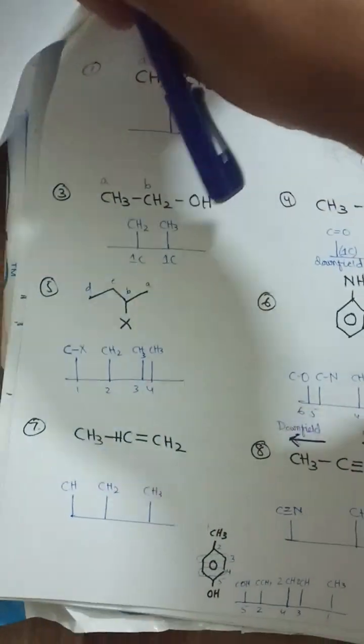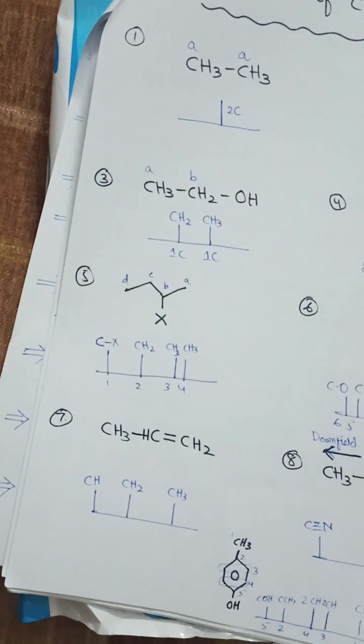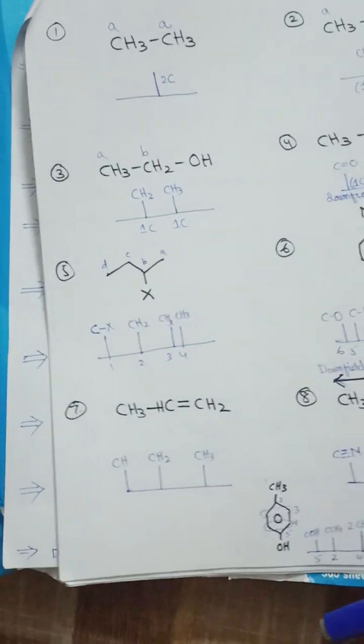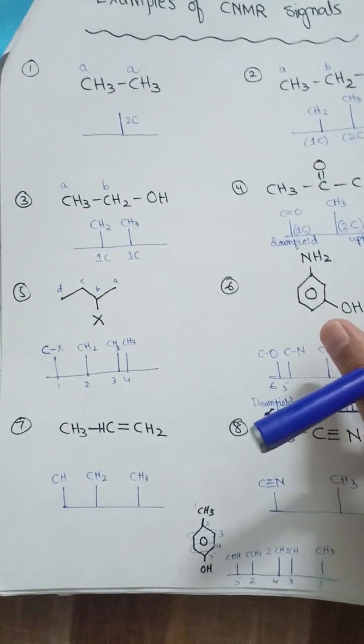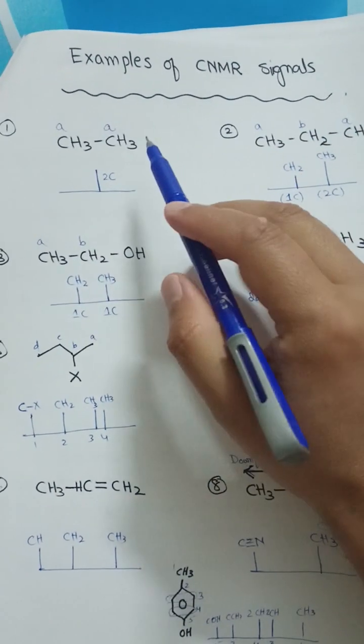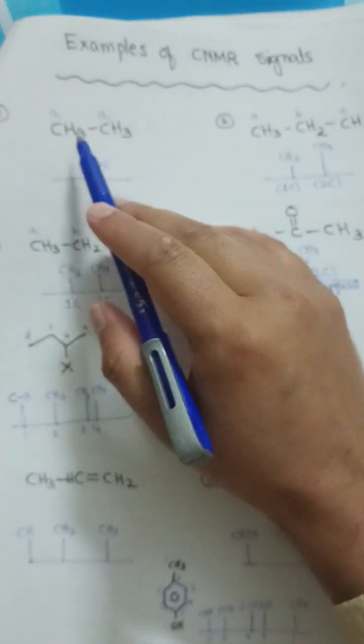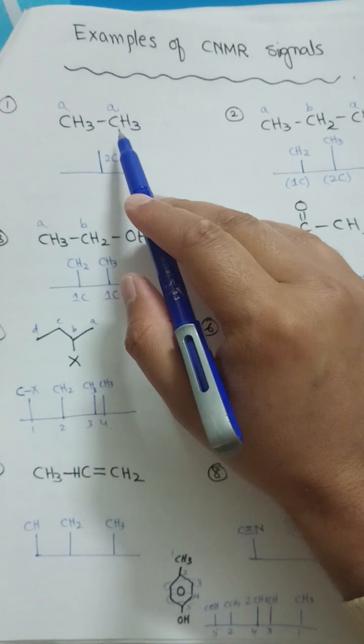Now let us consider some examples of how we get carbon NMR signals. It depends on the different types of carbons or the environment of the carbon. Here we take an example of ethane, where both carbons have the same environment.